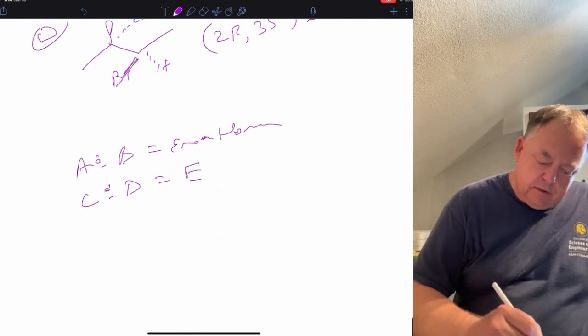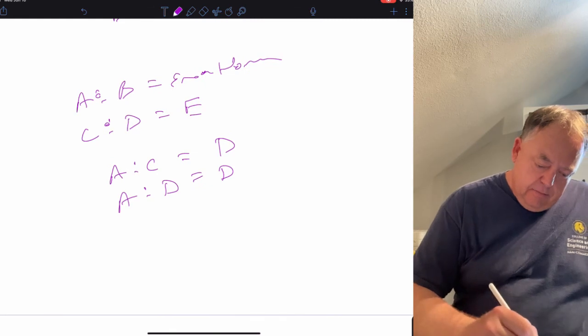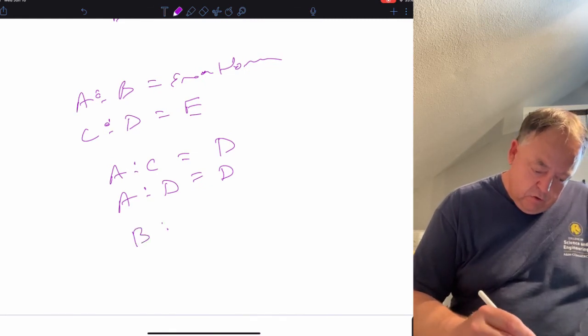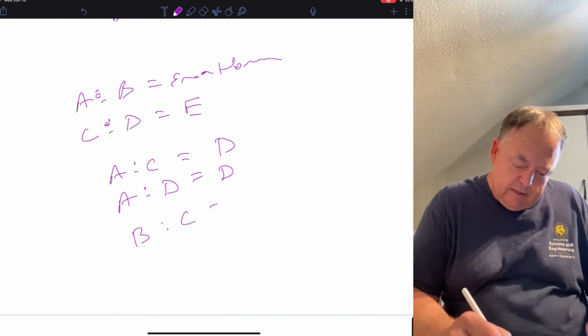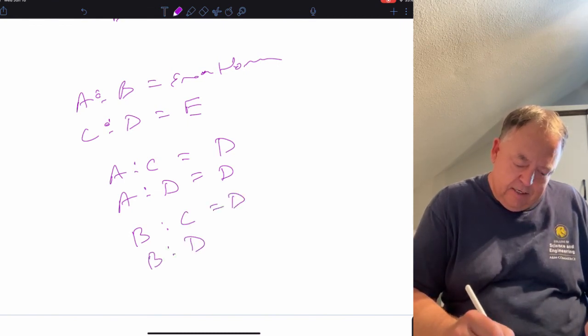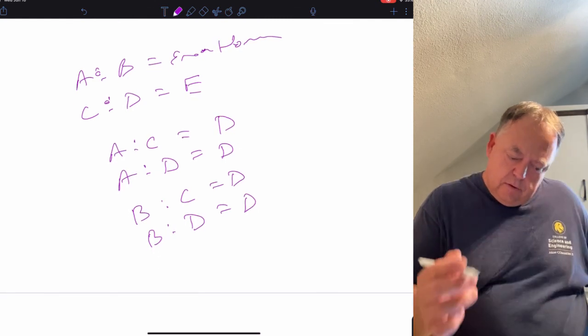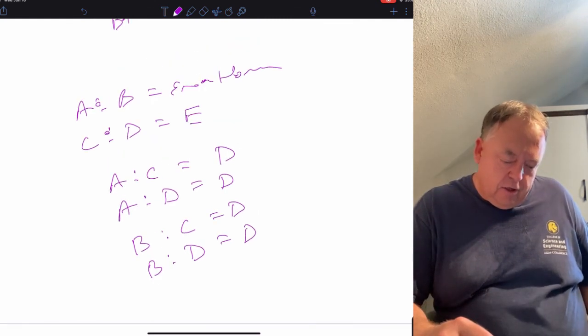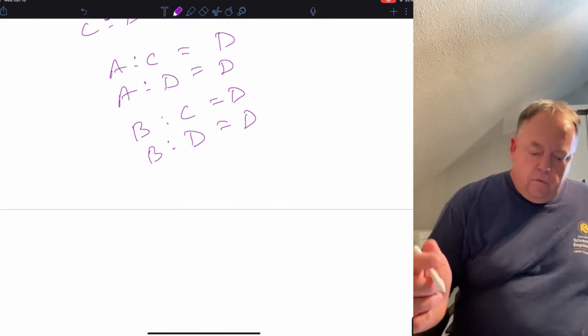In any other comparison, A compared to C, A compared to D would equal diastereomers. B compared to A is enantiomers, compared to C is diastereomers. B compared to D is diastereomers. And I think that's all of the comparisons, right? Okay, so hopefully that makes sense.